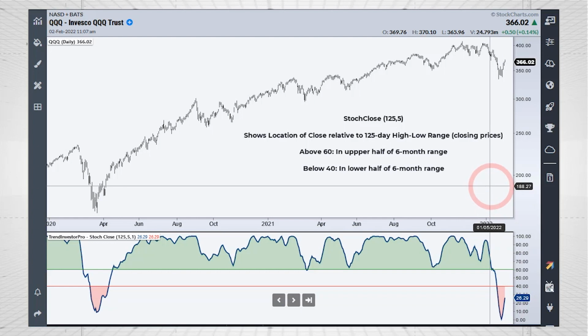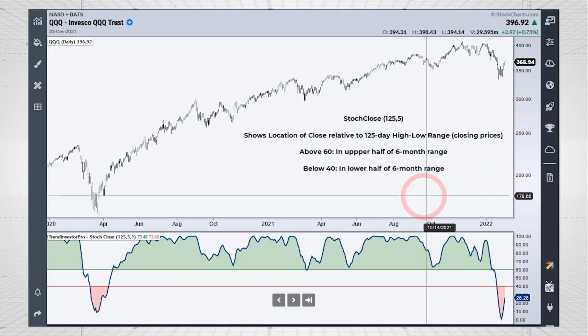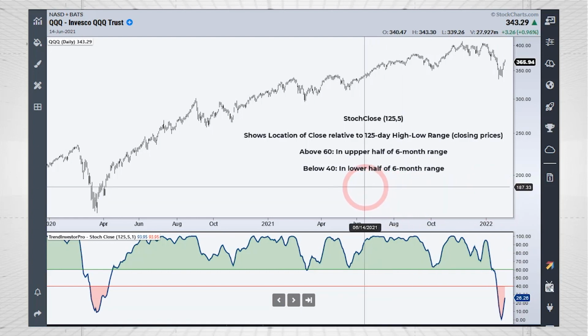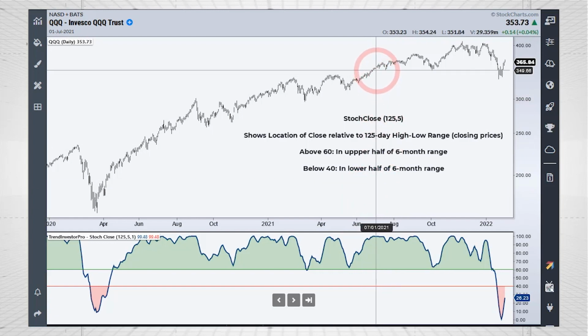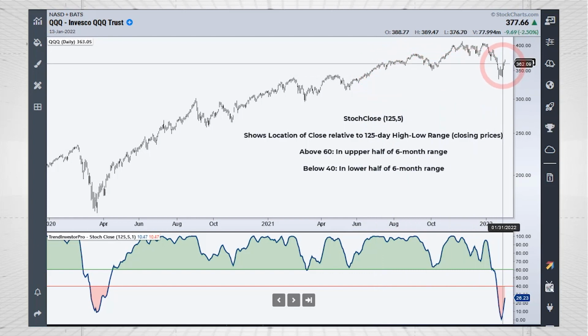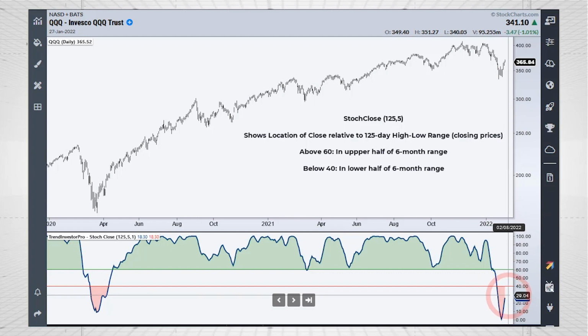So basically we have a 6-month range. So if we go back, 6 months is going to be right around early July, right here. So if you look at the range here since early July, we're in the lower part of that range. And when StochClose goes below 40, that means you're clearly in the lower half of your 6-month range, and that's more a sign of weakness than strength.